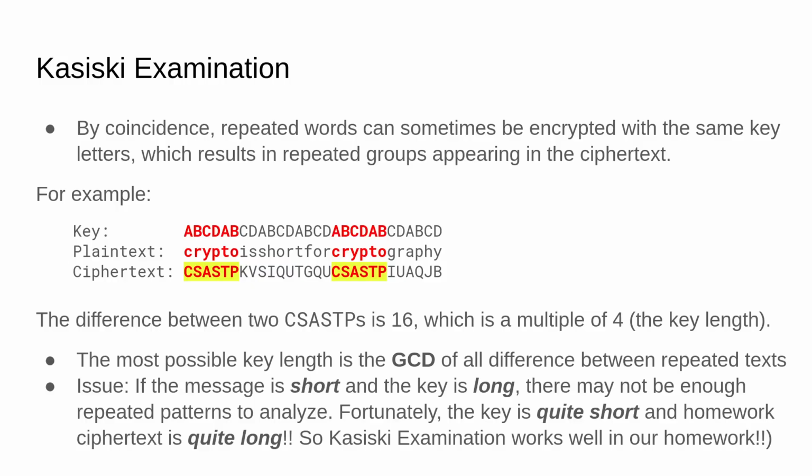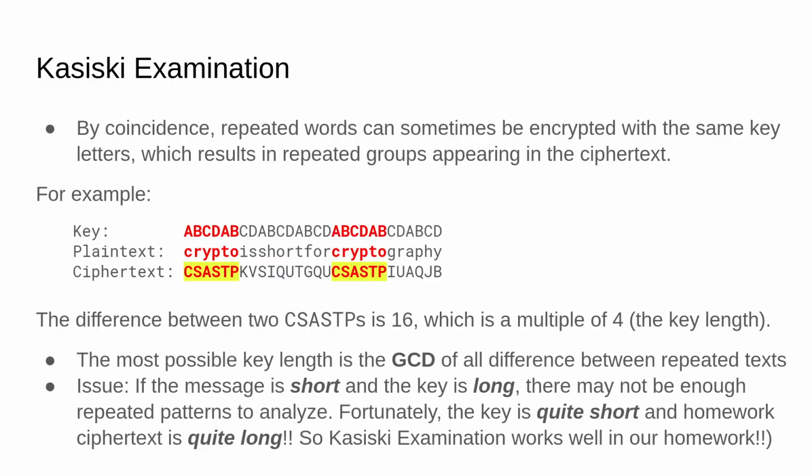So let's take a look at an example on the slide here. We can see that the key A, B, C, D is repeated across the entire message. And assuming that our plain text has crypto, short for cryptography, then we can see that the word crypto is repeated, and it happened to be aligned with the ABCD key that we provided.